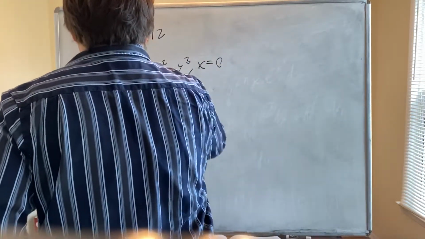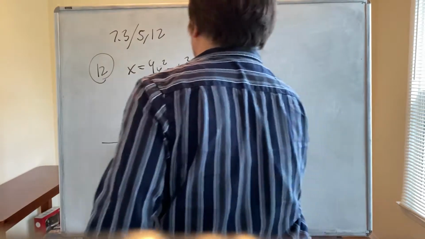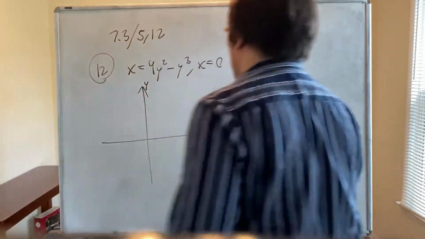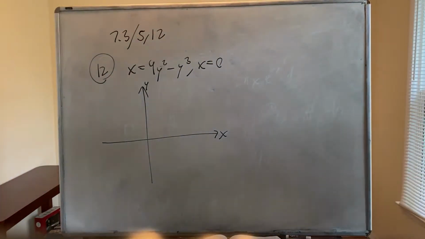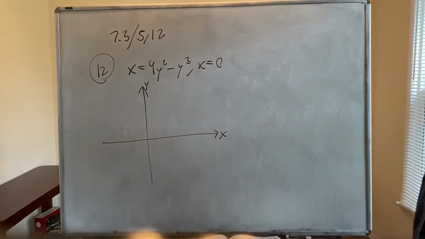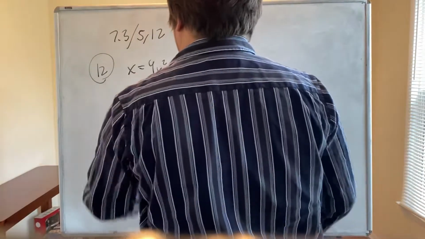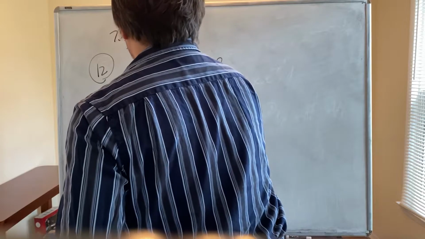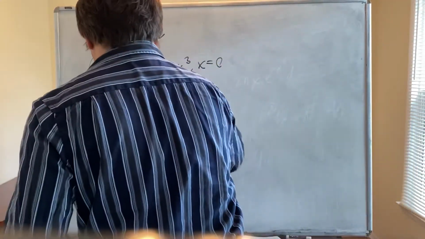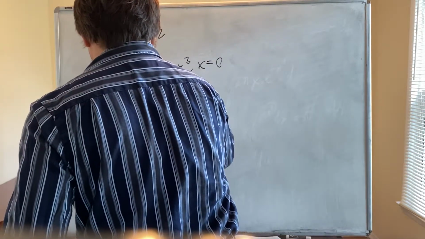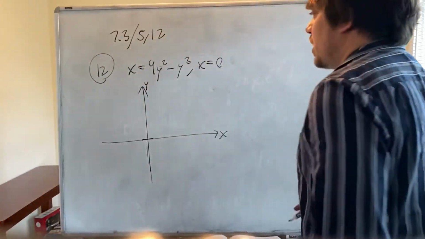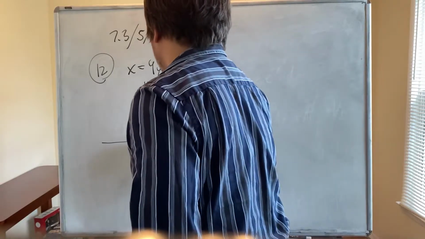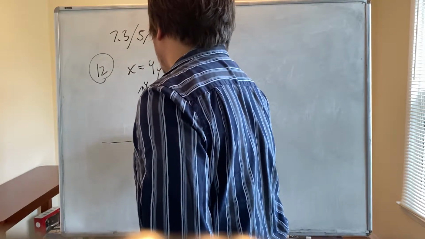Okay, so here's the y-axis. This is the x-axis. x equals 4y squared minus y cubed, and x equals 0. x equals 0 is the y-axis. Okay, so when y is 0, x is 0. So the origin is a point on the graph.